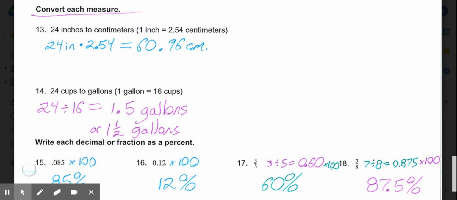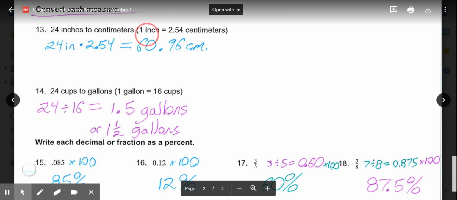Then we get to 13 and 14. 13 and 14 can be solved using proportions, but the approach that I use is to shorten that by a step. So what I look at is, in this case, we're starting at 24 inches and we're converting to centimeters. So in the parentheses, it tells me 1 inch is 2.54 centimeters.